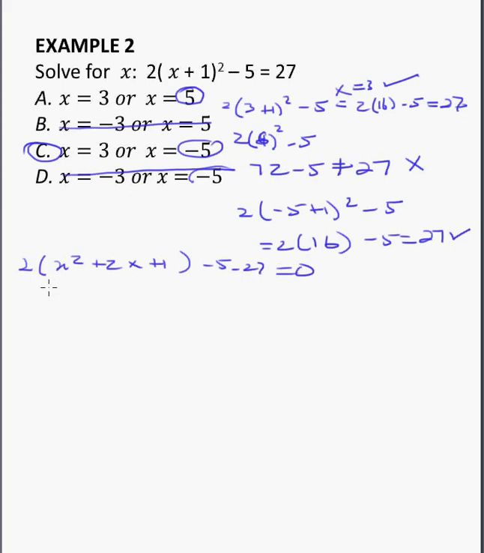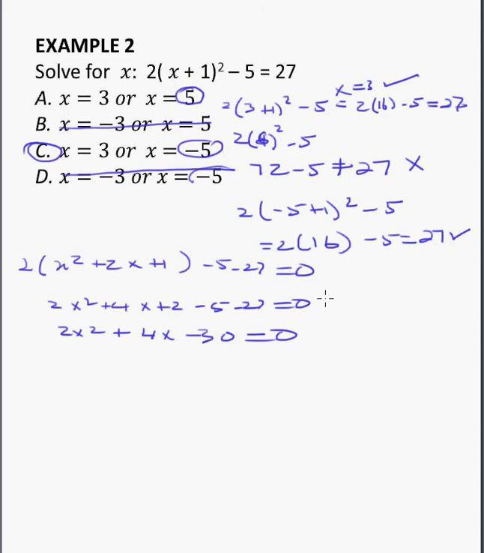So this is the same thing as 2x squared plus 4x plus 2 minus 5 minus 27 is equal to 0. And so let's simplify it. This is 2x squared plus 4x minus 3 minus 30, minus 30 is equal to 0.